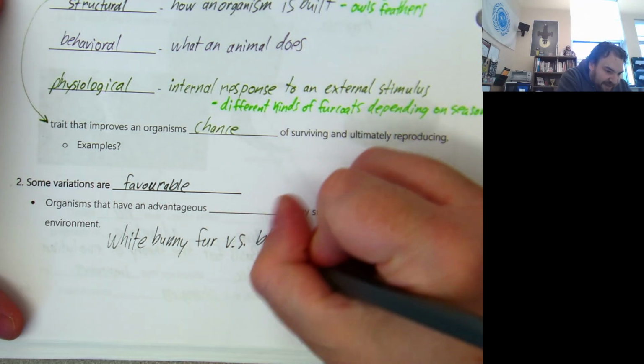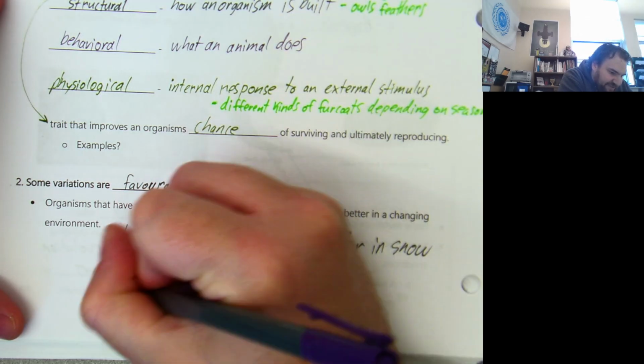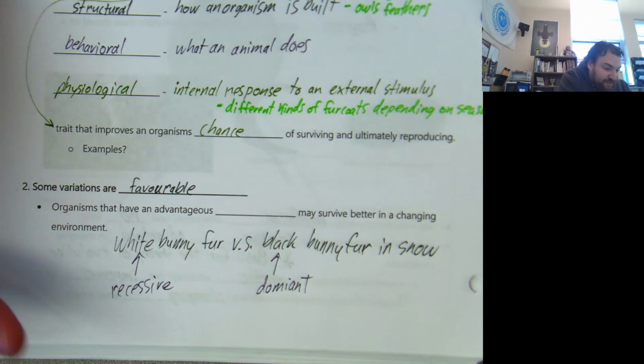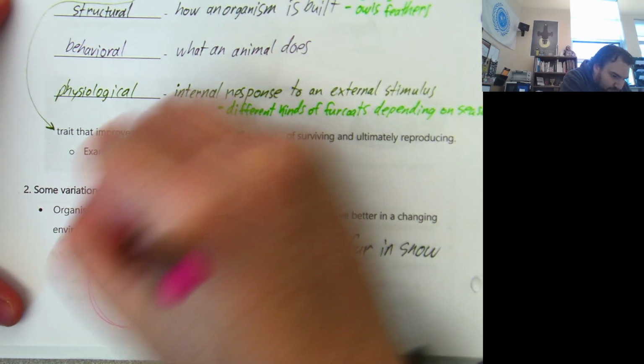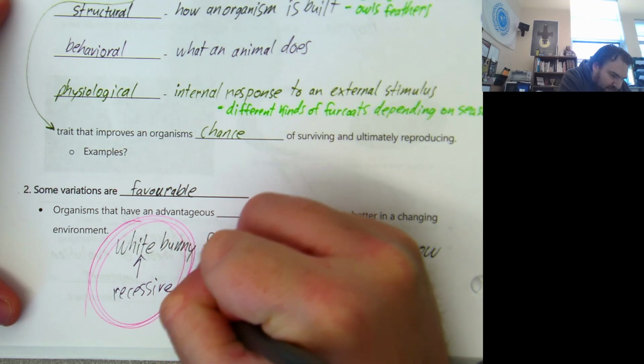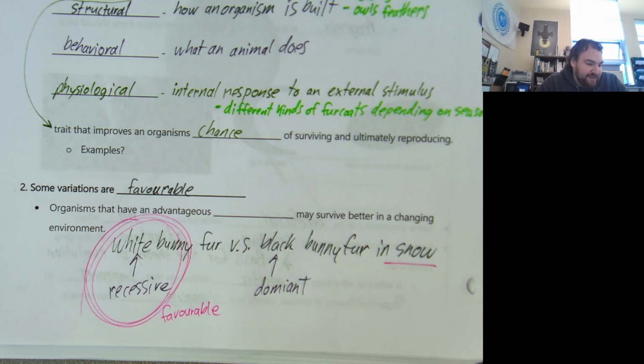This one is dominant. This one is recessive. But this one is favorable, because of that fact right there. I keep harping on the same example because it works for so many things.